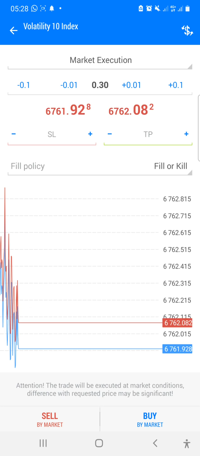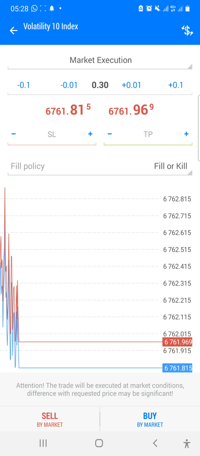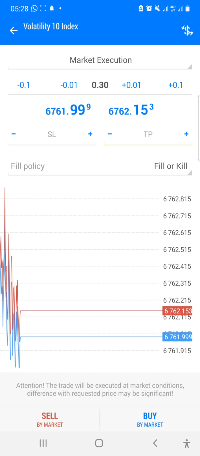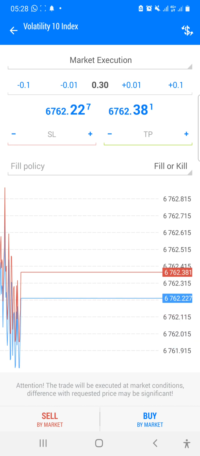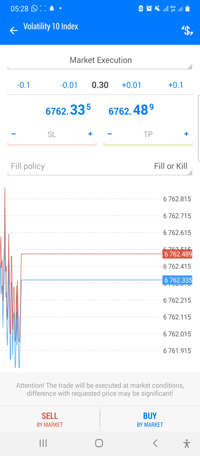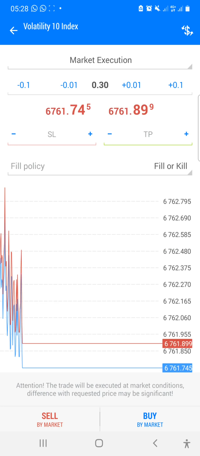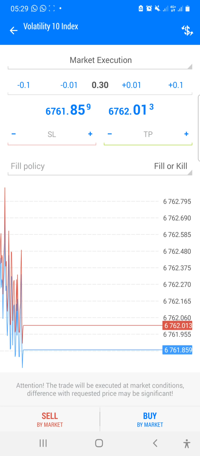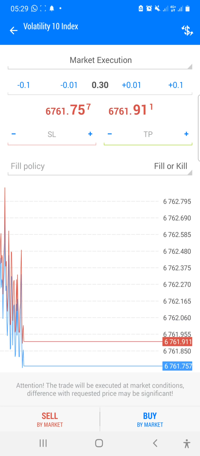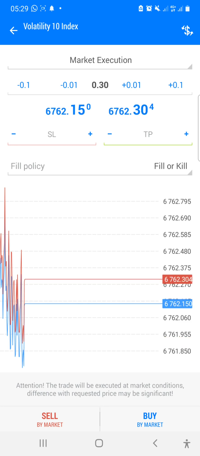Now let's say you want to risk $10 on this trade, or let's say $11, because we have 1.1 pip, and 1.1 pip times 10 gives us 11. So let's say we want to risk $11, which means we'll be using one lot size.